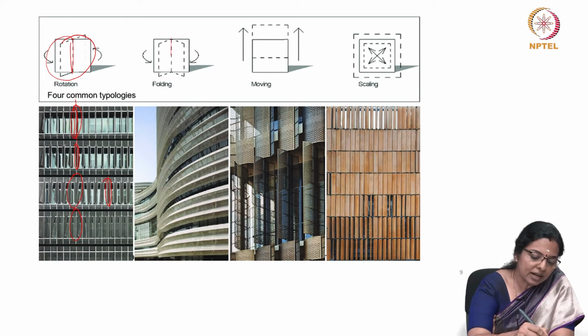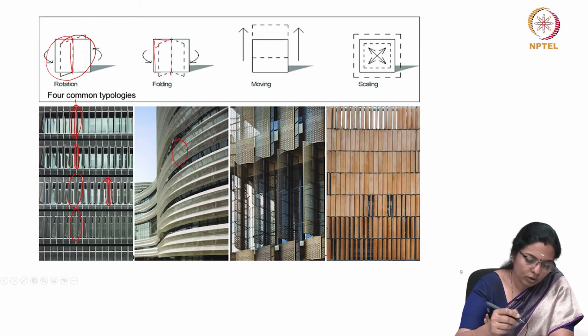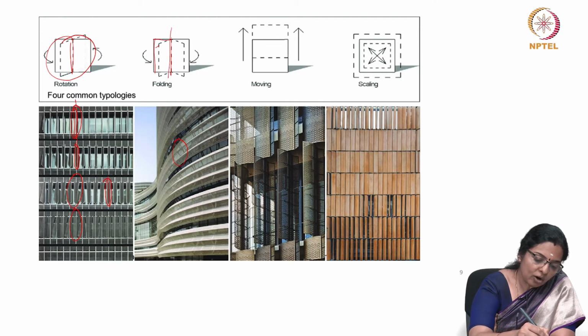You could also have a folding or a flapping one. This is an example where it will fold or flap. It will fold itself along this axis, horizontally or vertically.